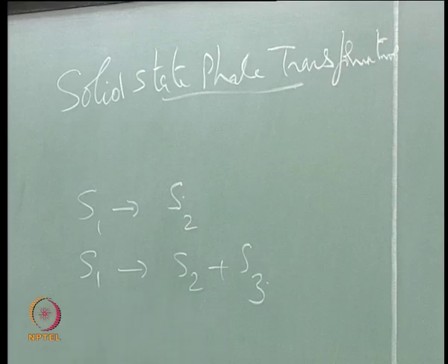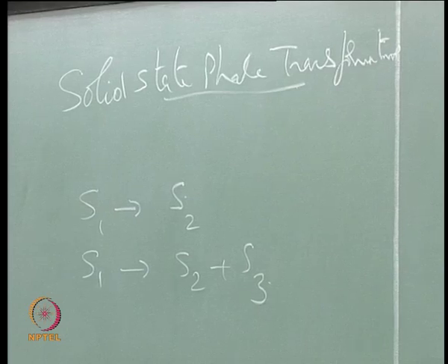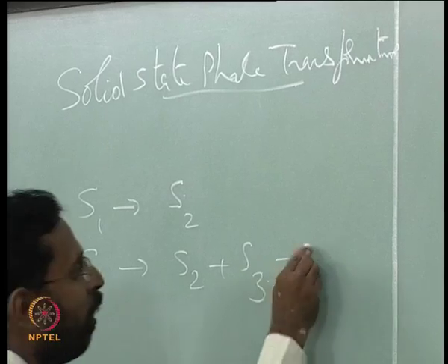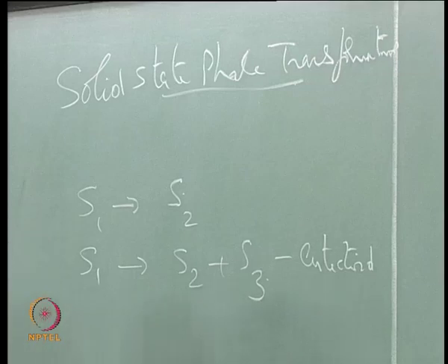a variety of transformations. What are the solid state transformations that you are aware of? Eutectoid is one. Eutectoid is something like this. You can call this a eutectoid transformation. So the well known eutectoid, which is the eutectoid that you are aware of? What is the type of transformation?